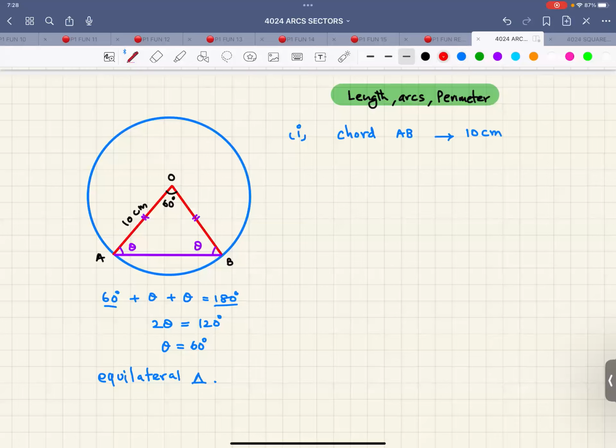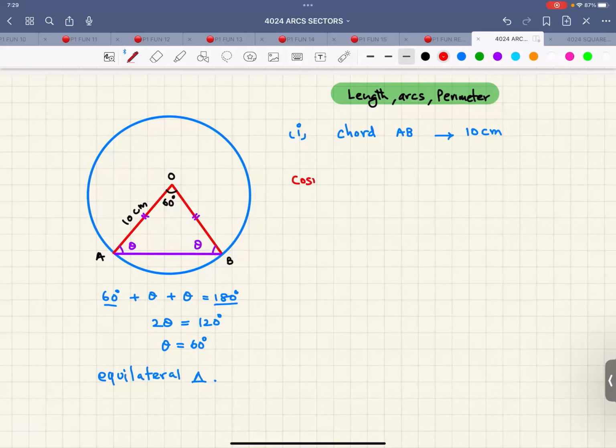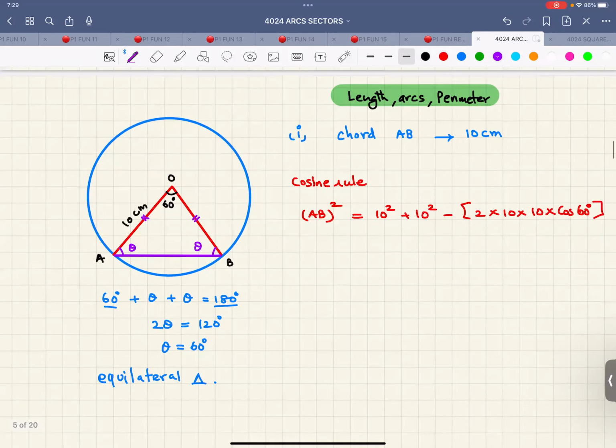Now, if someone wants to go the long way without earning any extra marks, they can use the cosine rule. They will write AB squared equals 10 squared plus 10 squared minus 2 into 10 into 10 into cosine of 60 degrees. Cosine of 60 degrees is half.